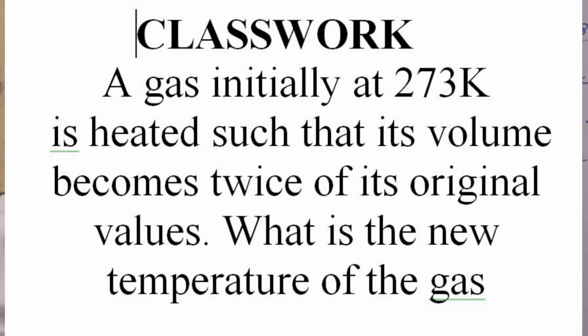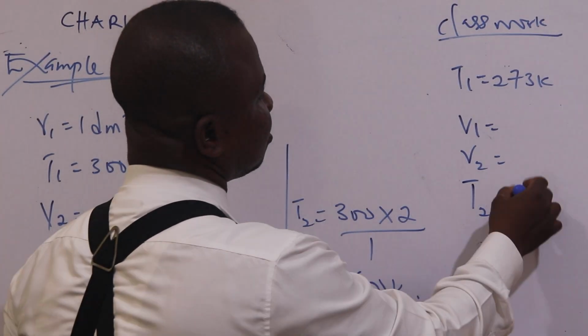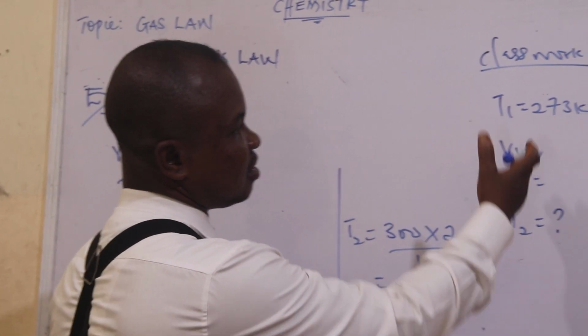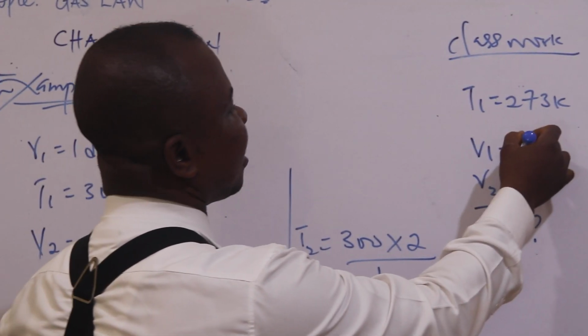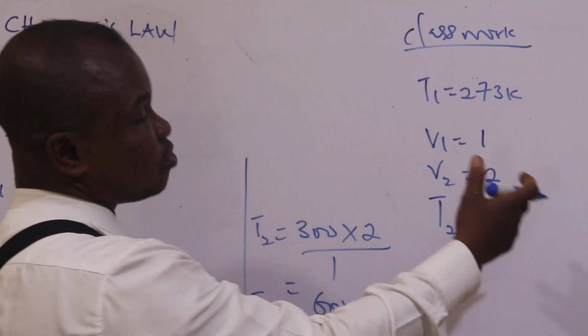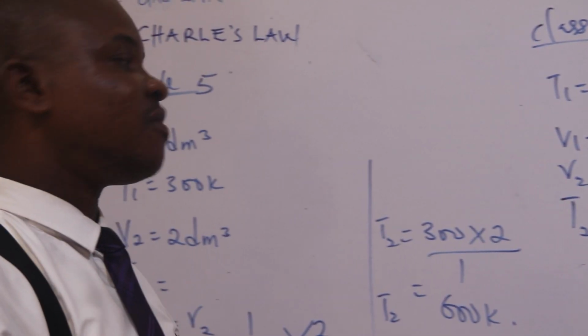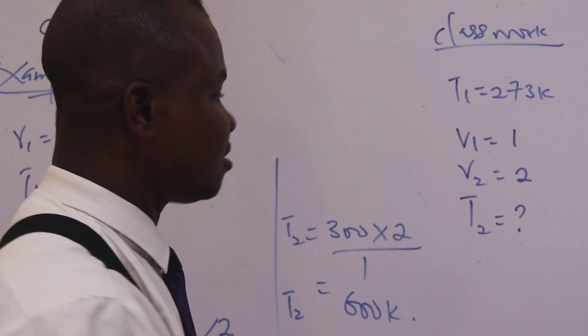What is the new temperature? Very cheap question. We are looking for T2. They said the volume becomes twice. That means if I assume 1, 2 will be 2. If I assume the initial volume is 2, the final volume will be 4. Whatever you assume to be the initial volume, the final volume will be twice that value.